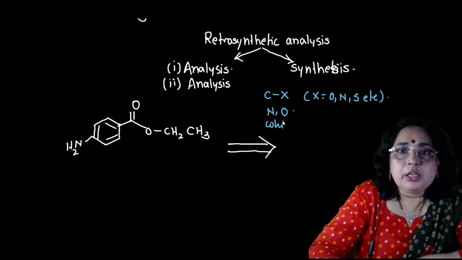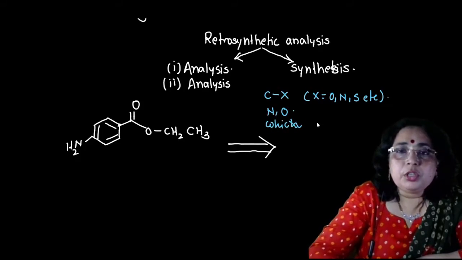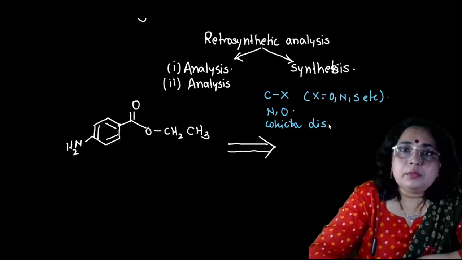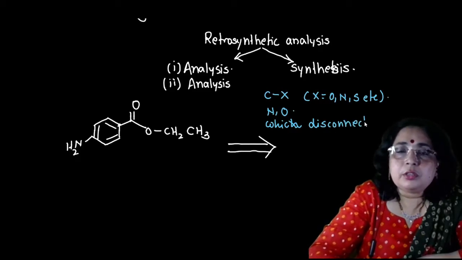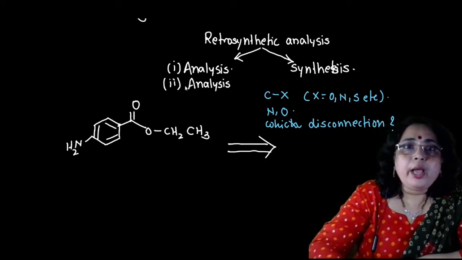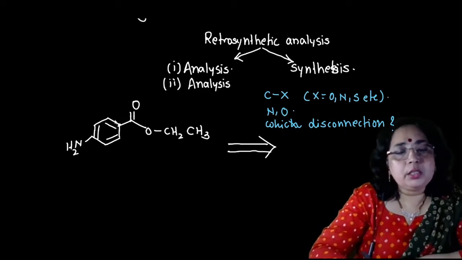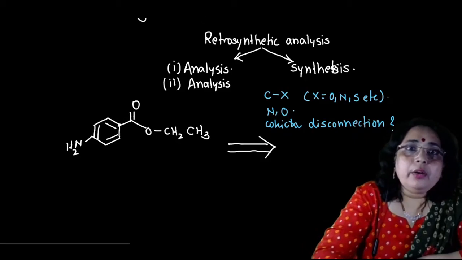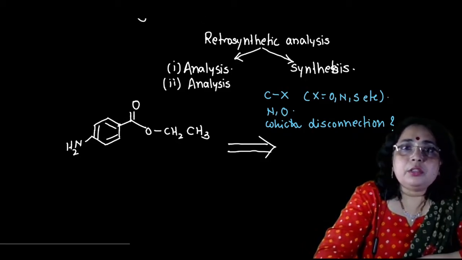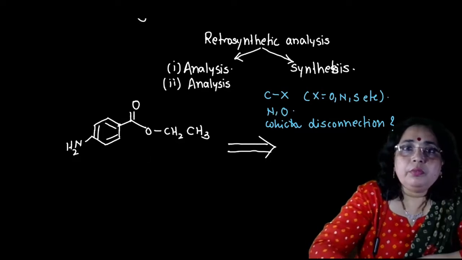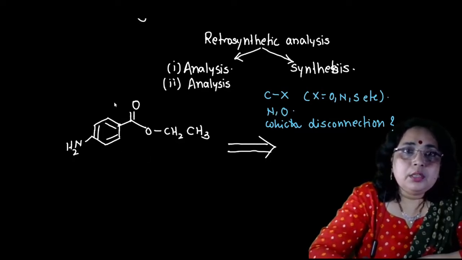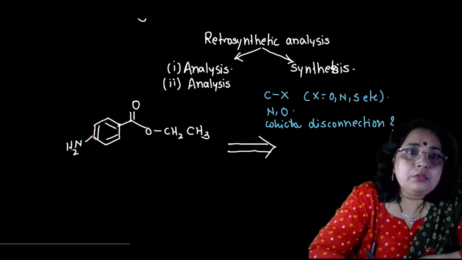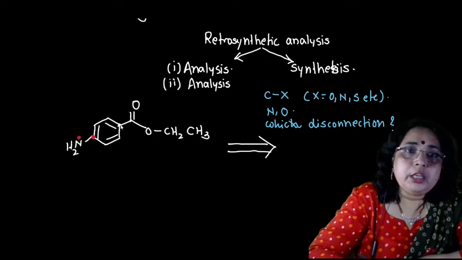So which disconnection should be done first? Now I can show you various centers where you can carry out the disconnection. So for that we need to label the various disconnection centers. This is the first center where you can have the first disconnection.